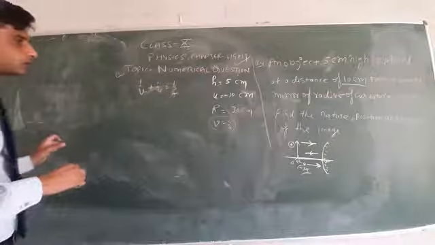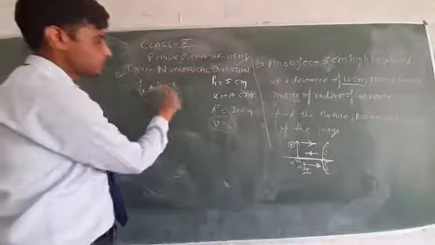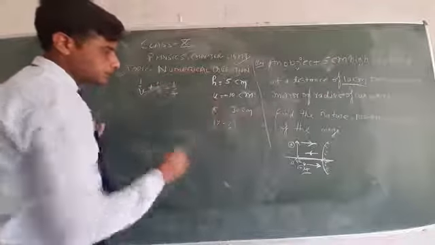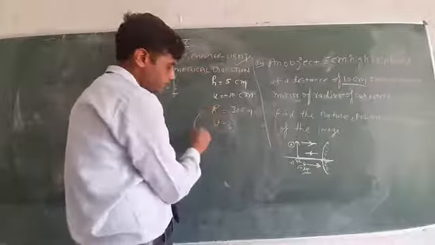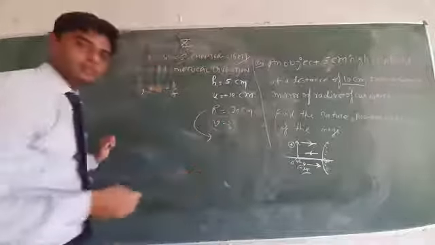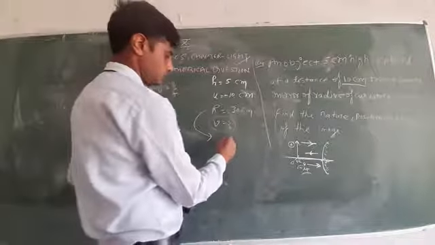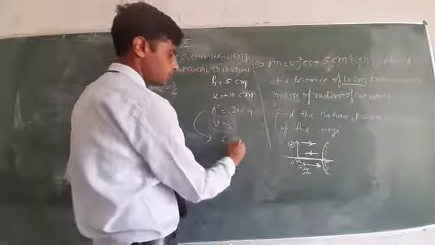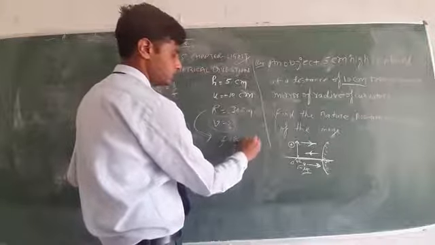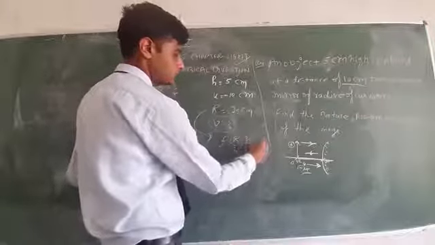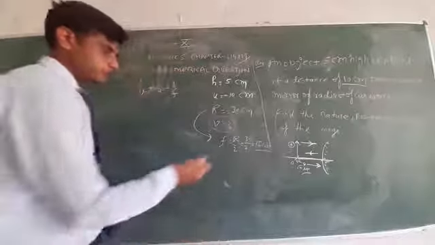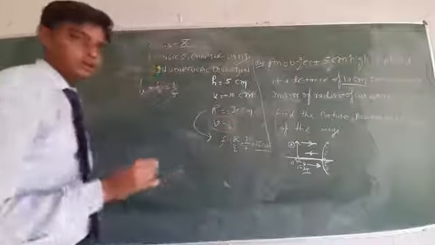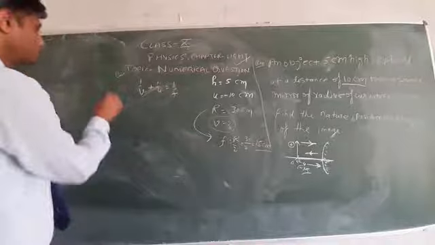So u is given and radius is given. In the previous video I discussed the relation between radius of curvature and focal length. So f equal to r by 2, it means 30 upon 2, it means 15 centimeters. So if radius of curvature is given, you can find the value of focal length.